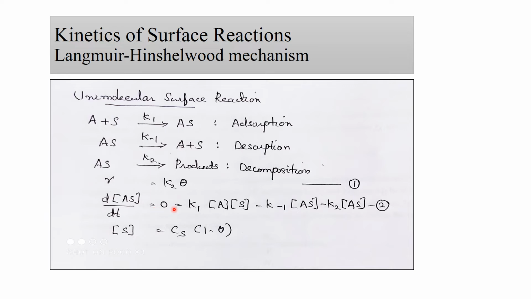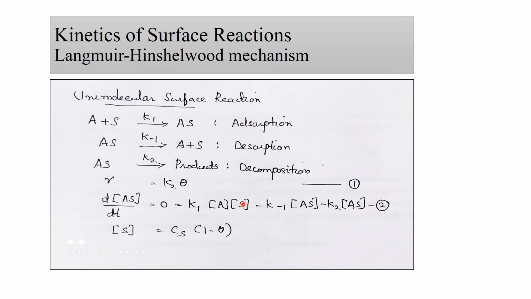That is equal to K1 concentration of A into concentration of S minus K inverse 1 concentration of AS minus K2 into concentration of AS, where concentration of S represents the vacant sites on the surface.